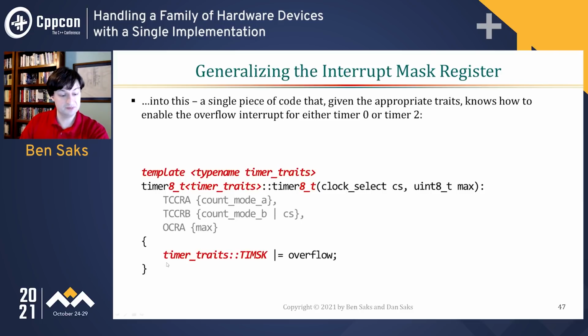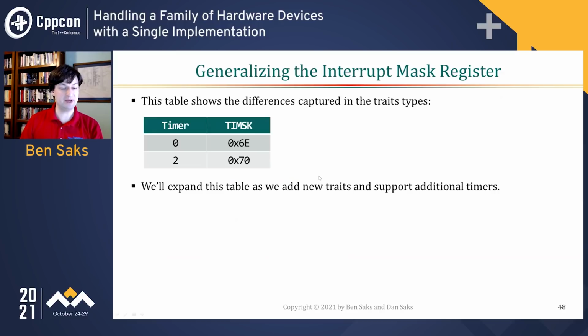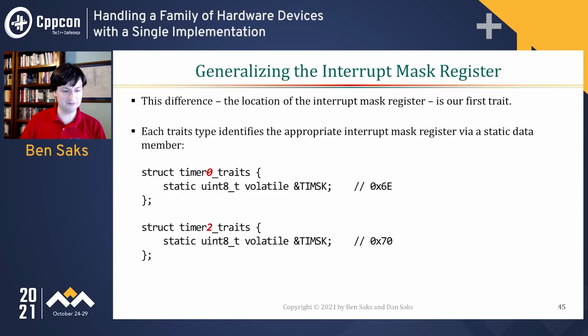But the difference, the thing that's actually making the implementation do the right thing for either timer 0 or timer 2, is this piece. We refer to the interrupt mask register as something that is a member of the timer traits object, or timer traits type, whatever type is passed in as the template argument. So when we specify either timer 0 traits or timer 2 traits, we'll get whichever value is appropriate for that timer.